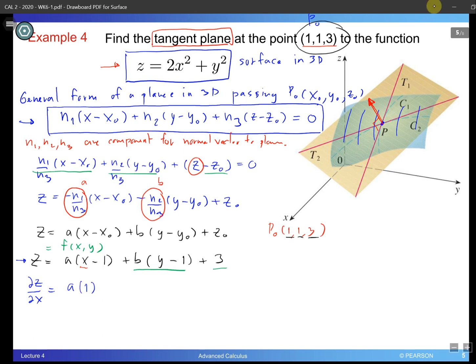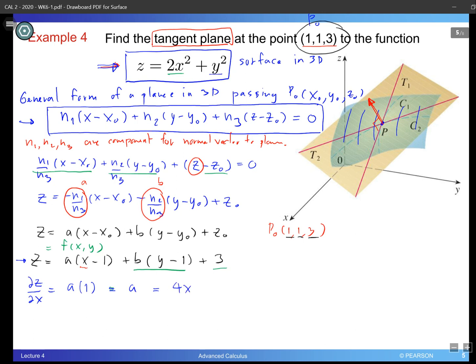So in the end, I know that dz by dx is going to be equal to what? a. And dz by dx, I can find that by working with this surface. I diff this with respect to x. Of course, I can just diff this one with respect to x, I get 4x. Okay, here I get 4x. If I diff this with respect to x, I get 0.